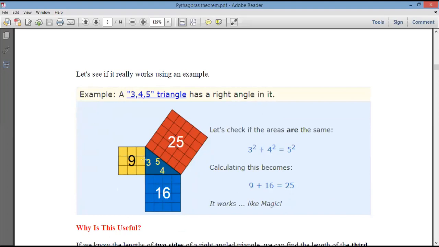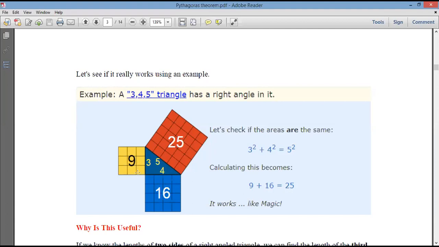You have a right angle triangle here. The length here is 3 and here is 4. I want to tell you that the longest side of a right angle triangle is known as the hypotenuse. Later you will look at the name.